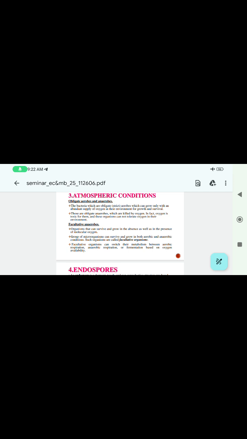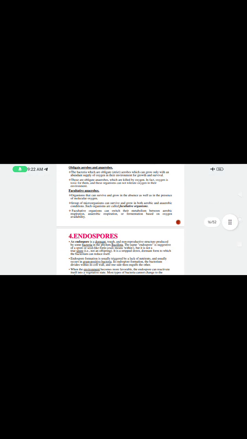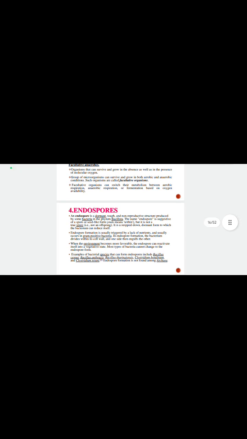They can switch their metabolism between aerobic respiration, anaerobic respiration or fermentation based on oxygen availability. Then endospores. An endospore is a dormant, tough and non-reproductive structure produced by some bacteria in the phylum Bacillota. The name endospore is suggestive of a spore or seed-like form.